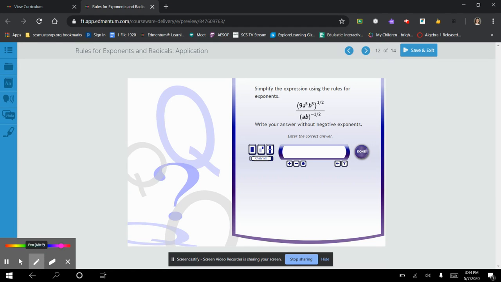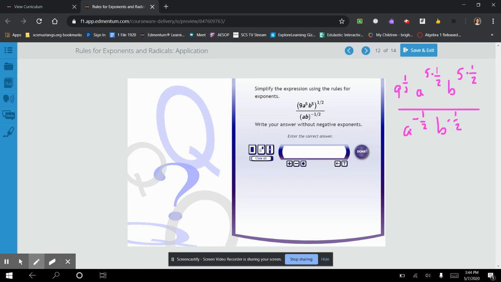So I'm going to have 9 to the 1/2, a to the 5 times 1/2, and then b to the 5 times 1/2, divided by a to the negative 1/2, b to the negative 1/2.